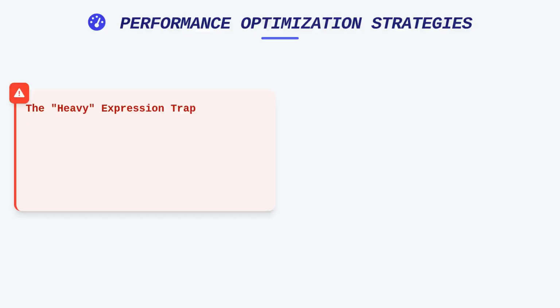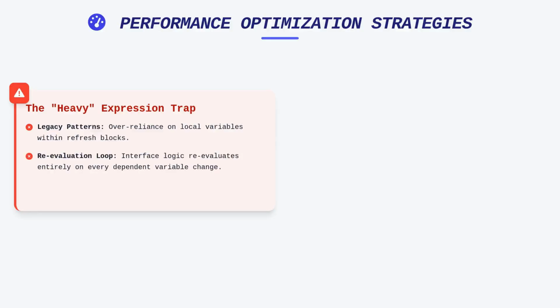One of the most effective strategies for performance involves understanding variable scope and refreshing patterns. While legacy code often relied on local variables declared within refresh blocks, modern Sail allows for more efficient state management. Every time a dependent variable changes, the entire interface logic reevaluates, which can quickly lead to what we call heavy expressions.